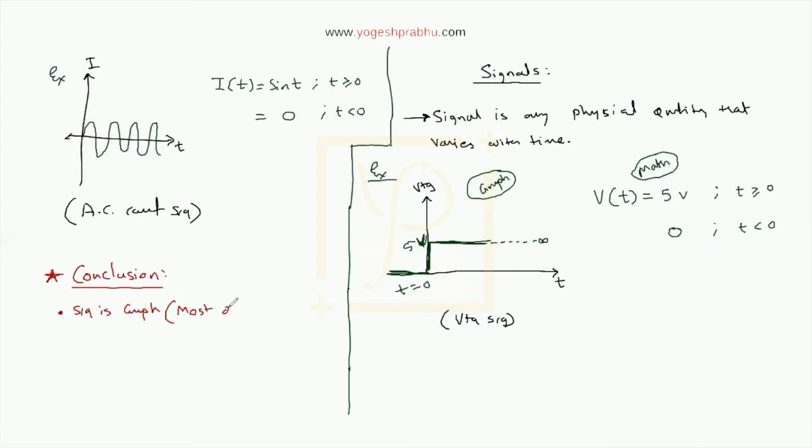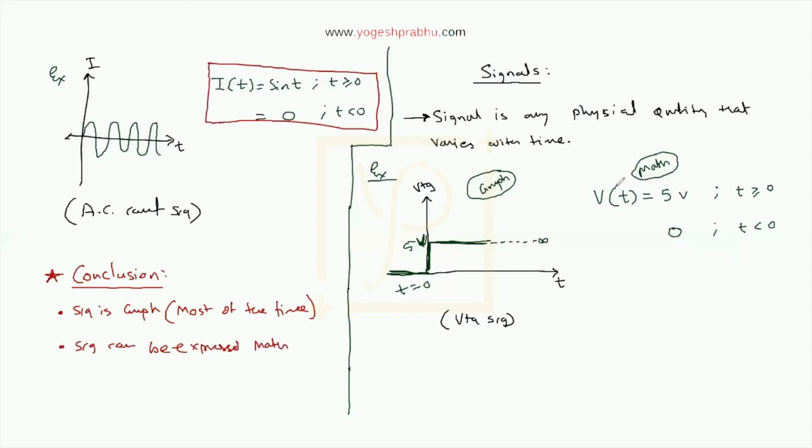So I'll write down: most of the time, a signal can be expressed mathematically. We have a mathematical representation of the current signal, and this is the mathematical representation of the voltage signal. This is how we write down mathematically all the signals.